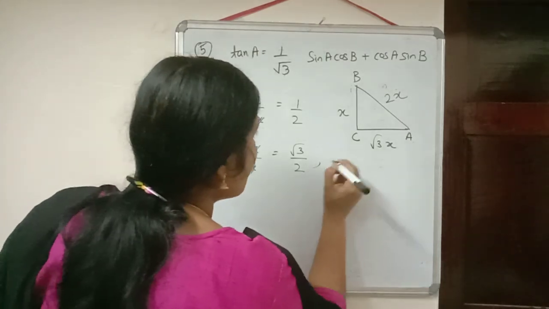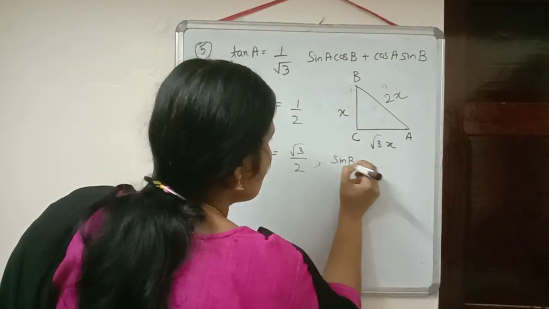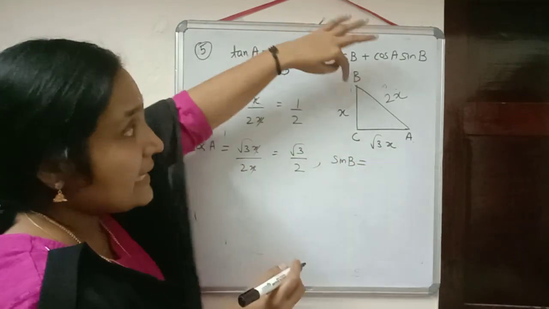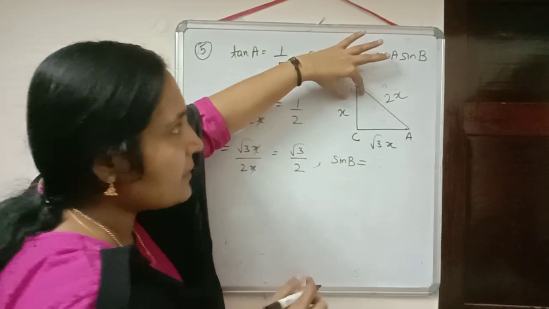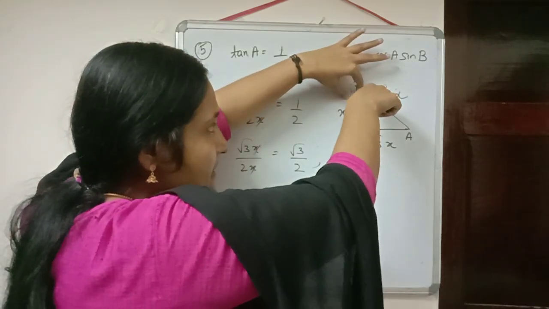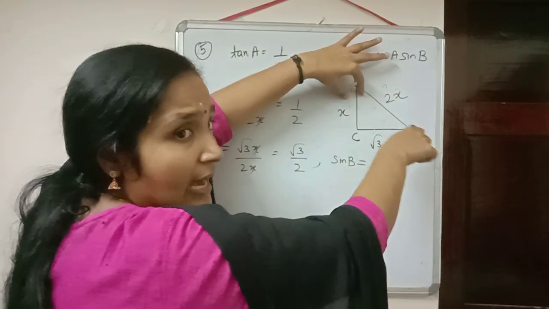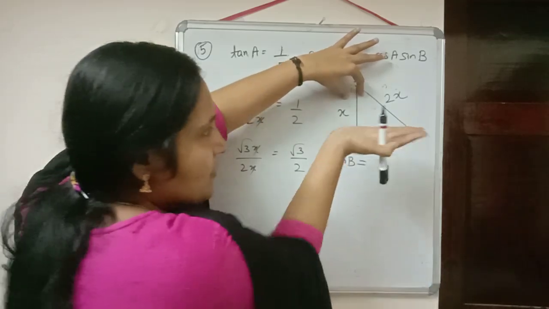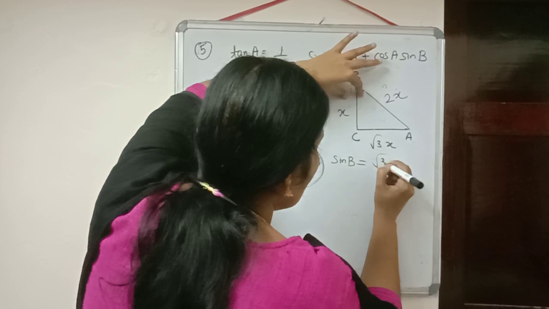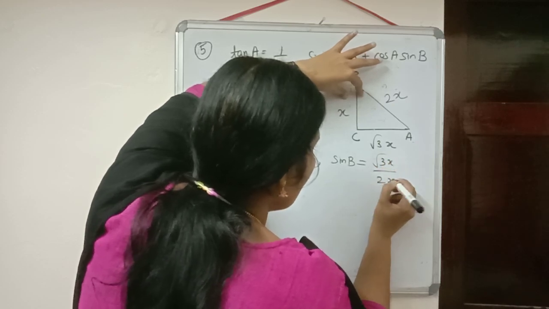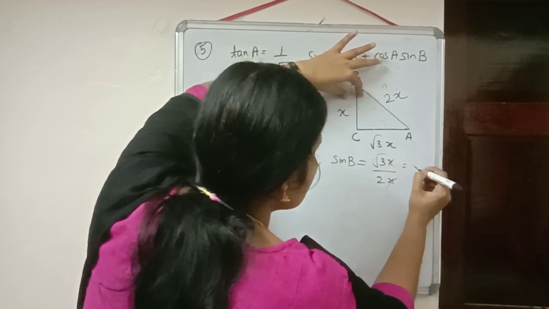Then we need sin B and cos B also. Sin B. B is here. So when you are calculating the trigonometric ratio of angle B, you have to consider side opposite to angle B as perpendicular. So perpendicular by hypotenuse. So we will get here root 3x by 2x. So x and x will get cancelled.